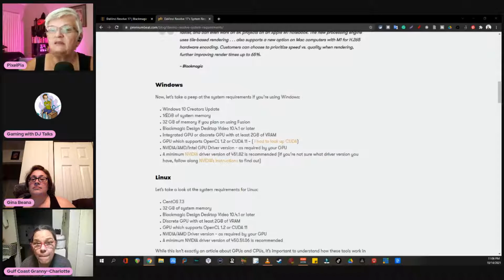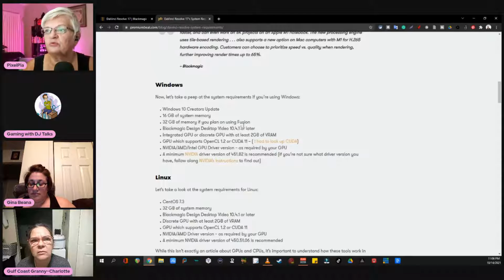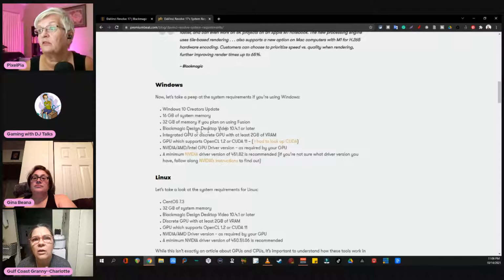What you need to look at, you see here, 16 gigabytes is the lowest memory. 32 gigabytes if you're using Fusion. I don't think you will use Fusion, but at least you need 32 gigabytes of memory in your laptop, no matter what.